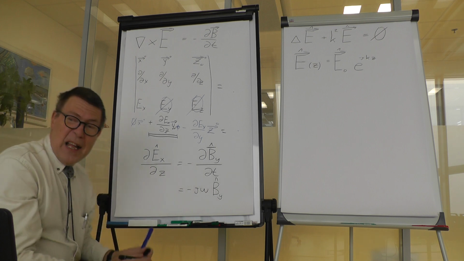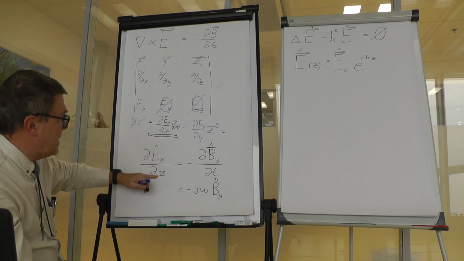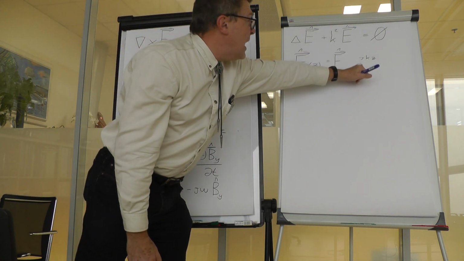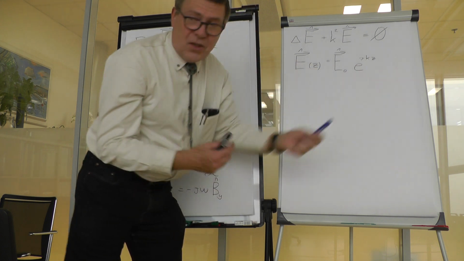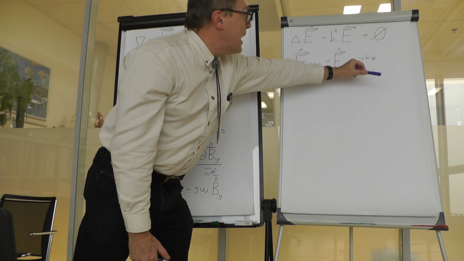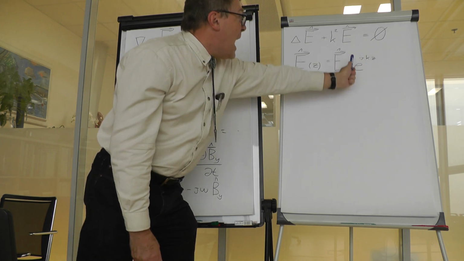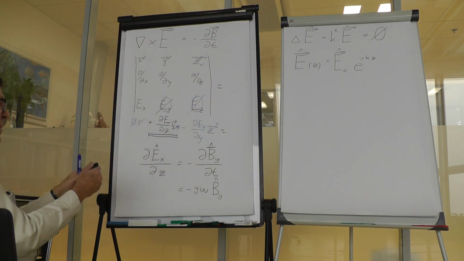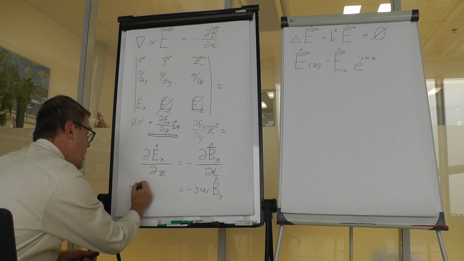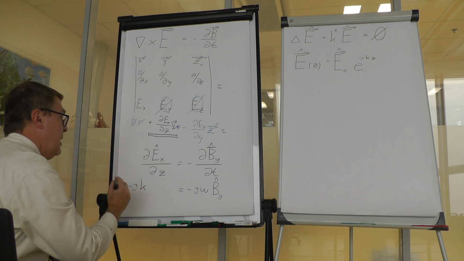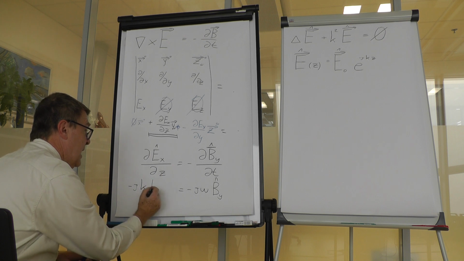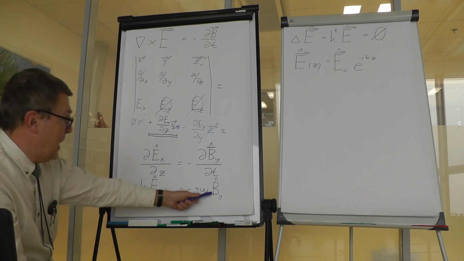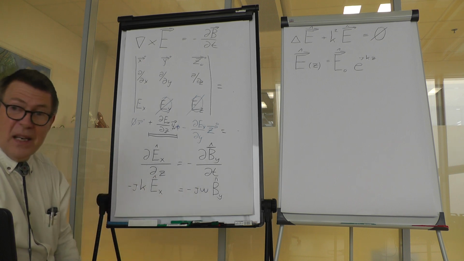Now let's go to the left-hand side. We have the Ex against the z. So we have to derive a function which is an exponential. So in a similar manner, we would carry out the derivative like multiplication by minus jk. Okay, so we have minus jk Ex phasor is equivalent to minus j omega By.